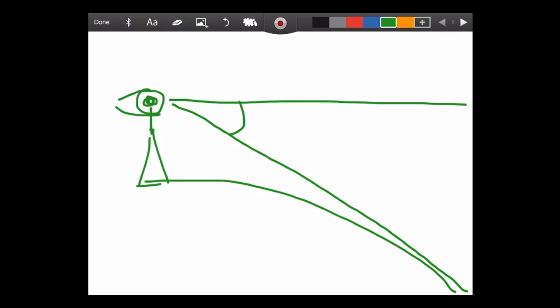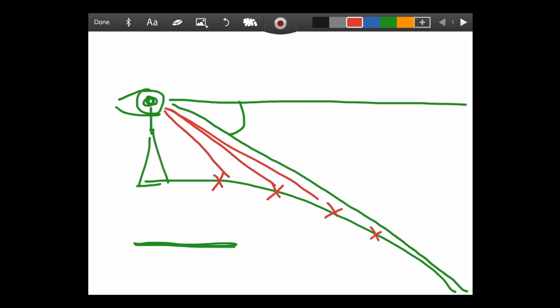So, if we were actually looking at the horizon, we would be looking down. Now, once again, if we have objects along here, we would be looking down to them. However, if we had an object over here, we would be blocked by that part of the Earth and we wouldn't see it at all.